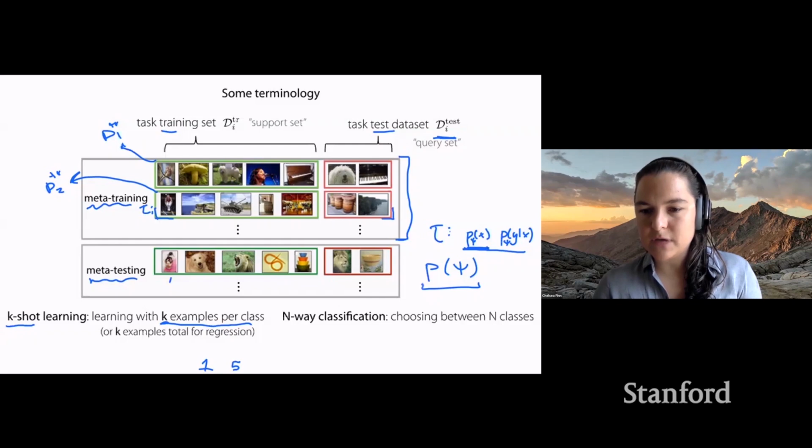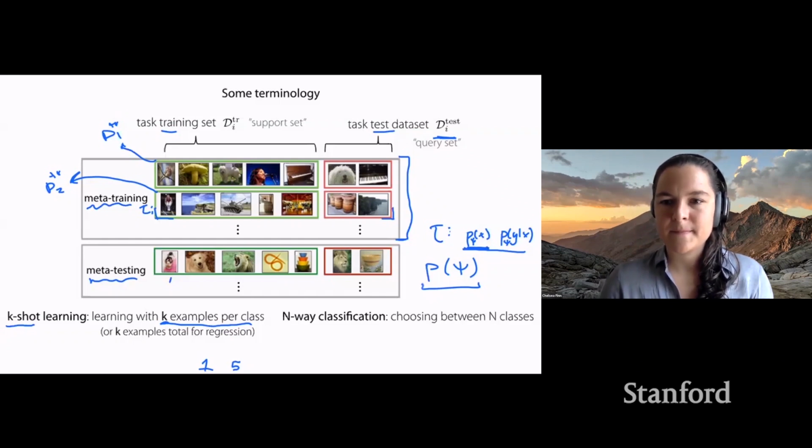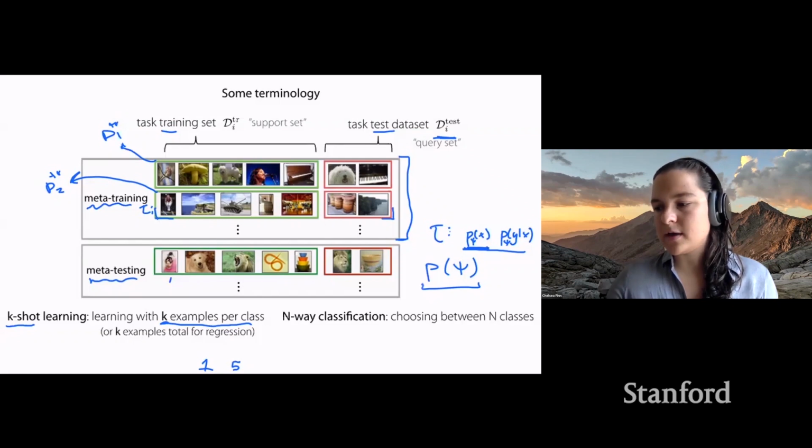I think we'll type out her question in the chat. In the meantime, I was just wondering, why do the tasks have the same number of classes, like the fixed n? Does it help? Because it doesn't look like the classes are similar across the tasks. So you're asking why have a fixed n for different tasks? Yes.